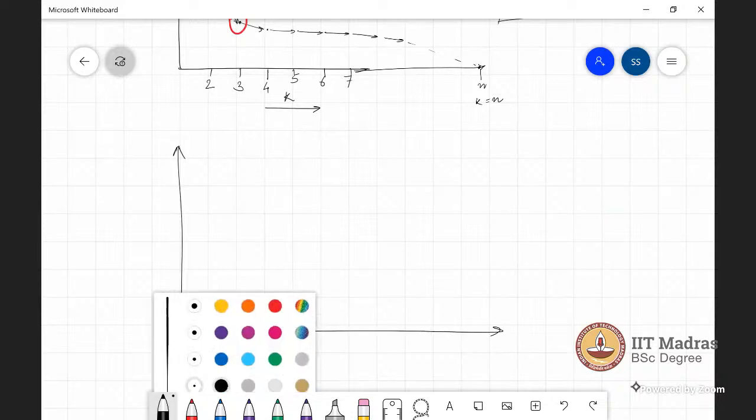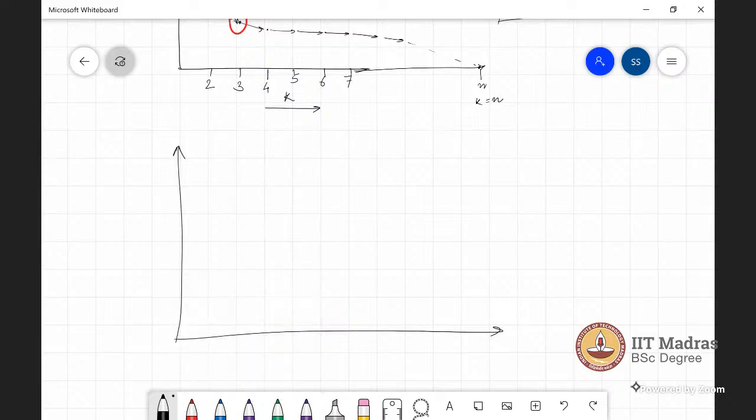Imagine you have these data points, and they are actually symmetric.